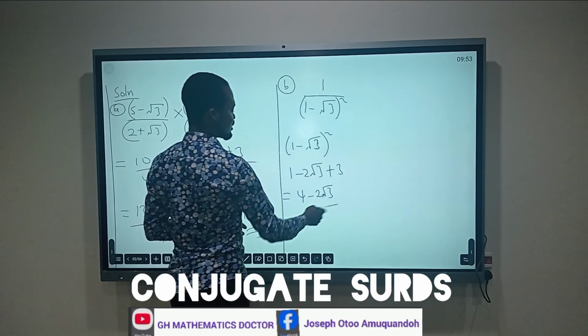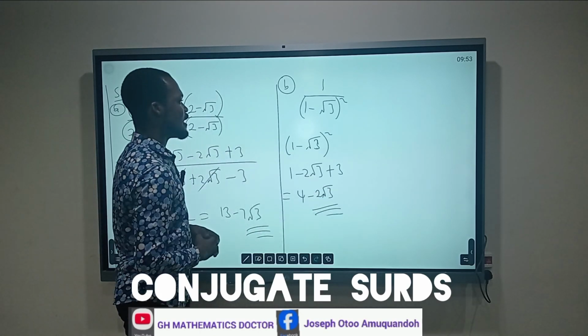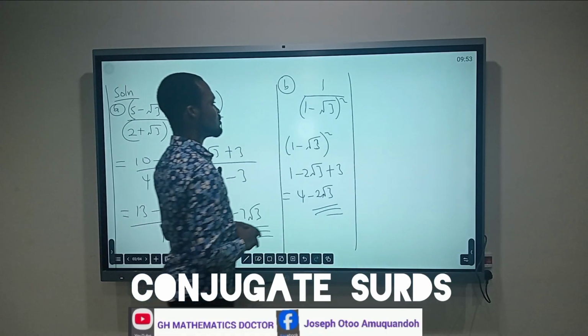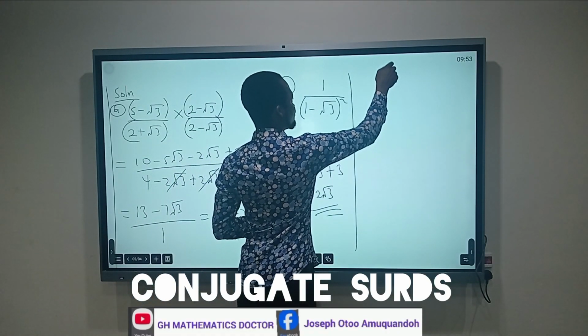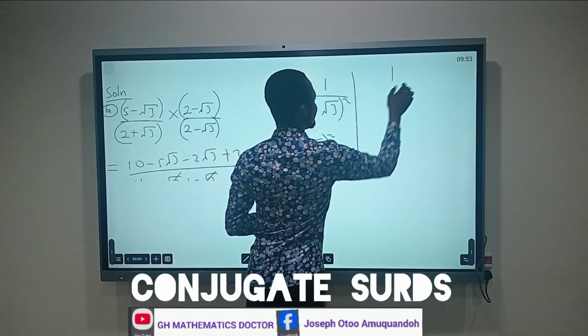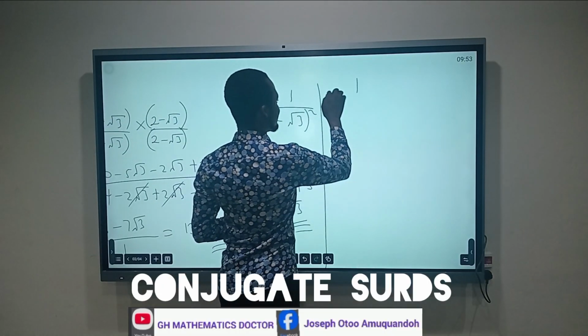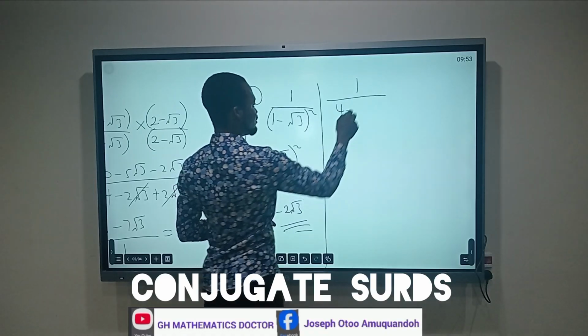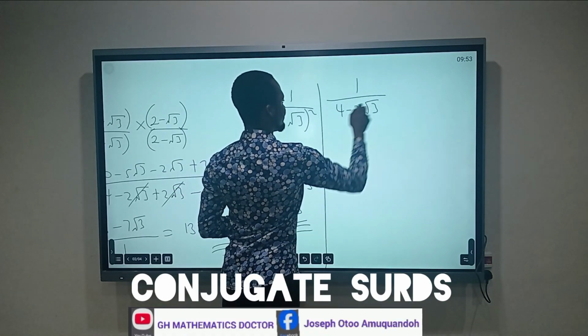This will be our new denominator, and we are going to use this to work out our problem. So we have to rewrite the question, that is 1 over 4 minus 2 root 3.